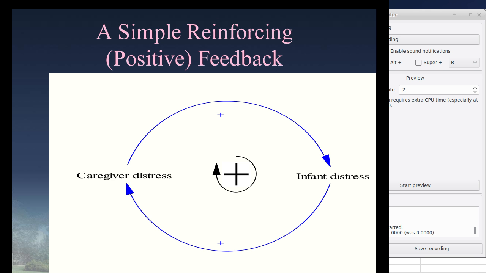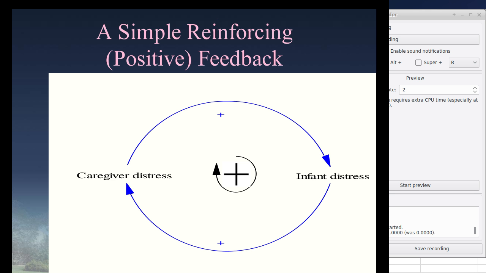So within system dynamics, we make use of two primary mechanisms for specifying a model. One is what's called a causal loop diagram. Now, a causal loop diagram basically involves variables which have a polarity associated with them. We should have a notion there's more of it and less of it. So caregiver distress, for example, there can be more caregiver distress or less.